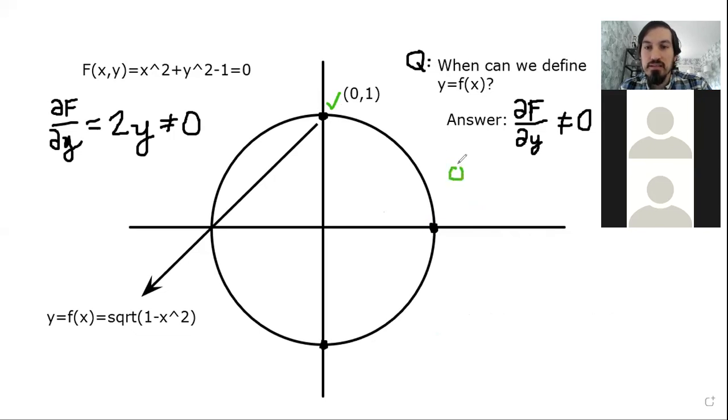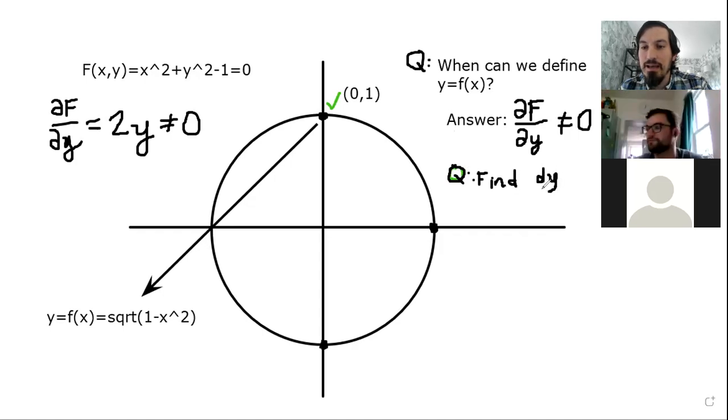The question is find, you could actually find this really easily, but let's pretend you couldn't. Find dy dx at this point here, 0, 1.